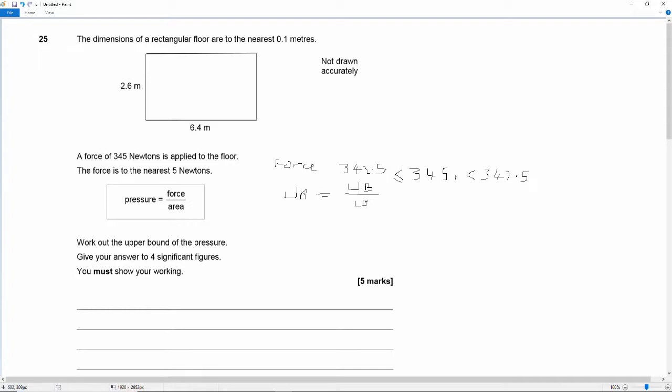Now our length is 6.4 meters, and this is to the nearest 0.1 meters.